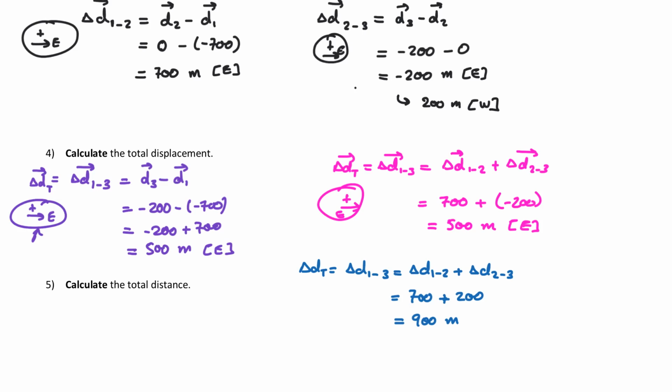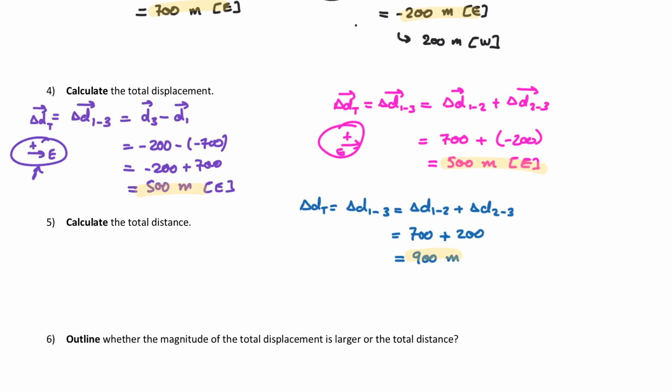So the total distance traveled by Mr. Shateri is 900 meters. And that makes sense. He traveled 700, then he traveled 200. And this is the answer there. So I also like to highlight my answers, or just box them. So in this case, I'm just going to use a different color and highlight all my answers so they're nice and clear.